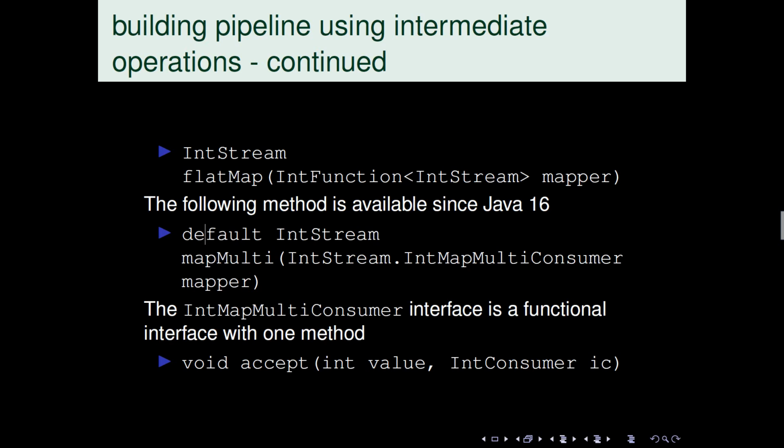Here the parameter was IntMapMultiConsumer. See, this is not a standard functional interface, but it is the second parameter here.